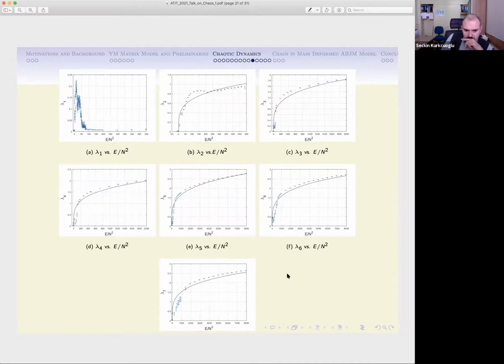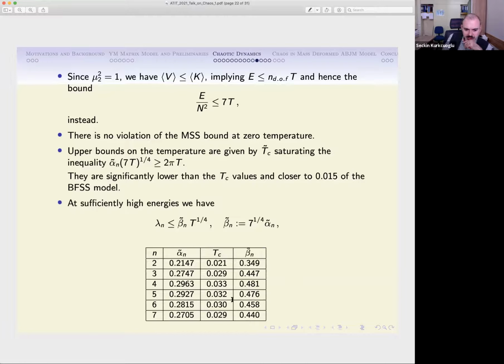Also, the critical temperatures estimated seem to be roughly twice what is found for the BFSS case. One can also do some analysis on what sort of masses would be most suitable to lower the critical temperature and so on.